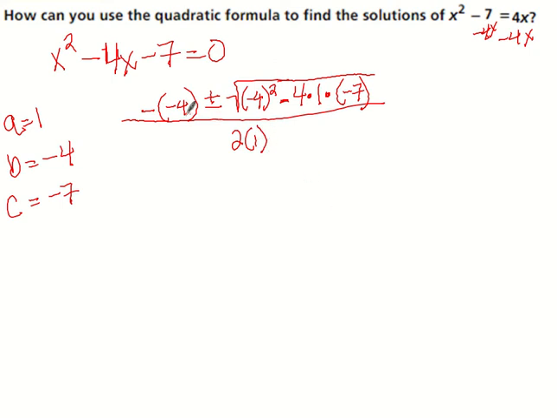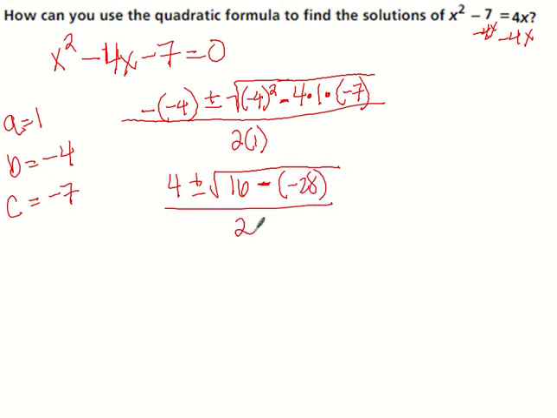So if I do a little bit of cleanup, this becomes 4 plus or minus the square root. 4 squared is 16, minus 4 times 1 is 4, times negative 7 would be negative 28. And then we're going to divide that by 2.